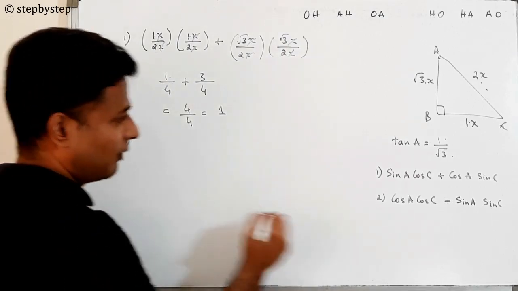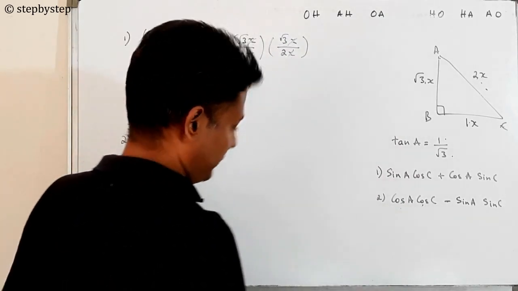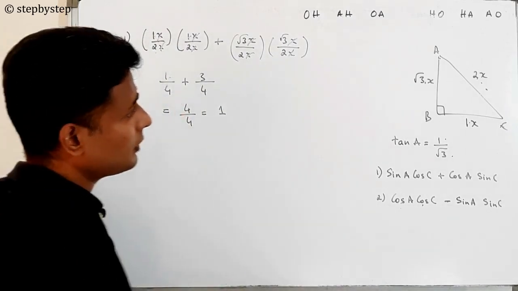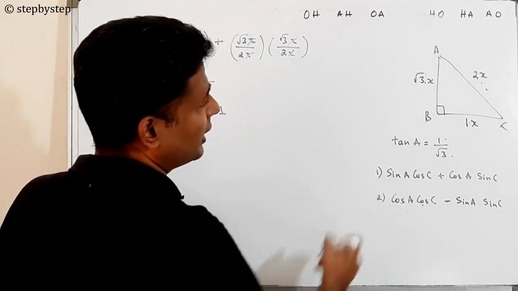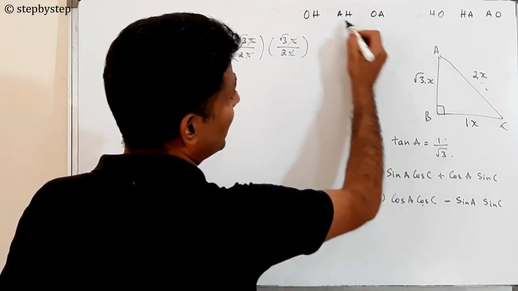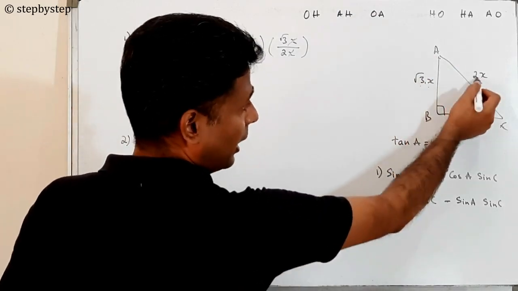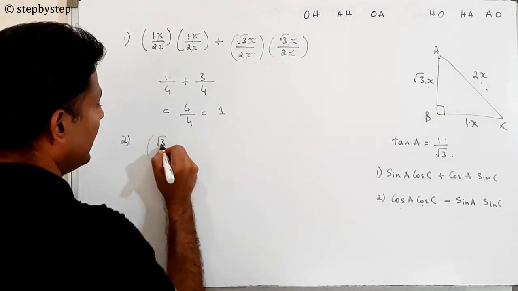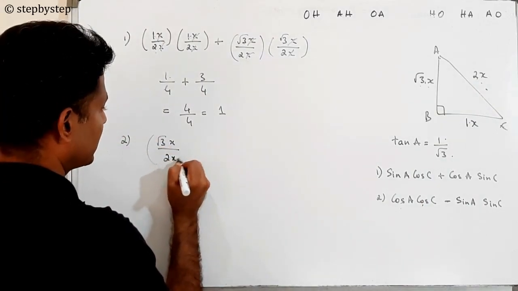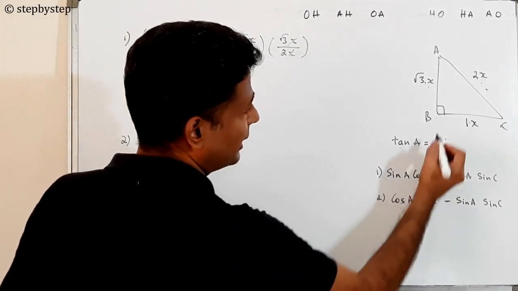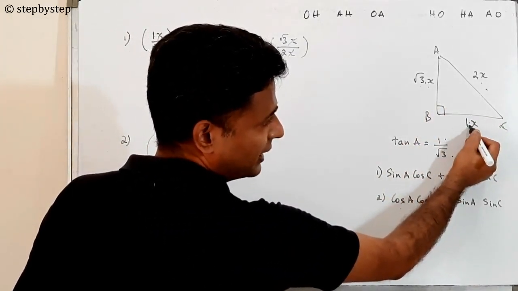Now the second thing they have asked us is cos A cos C, right? Now A is over here. What is cos? Adjacent by hypotenuse. So root 3x by 2x into cos C. C is here, cos is what? Adjacent by hypotenuse.